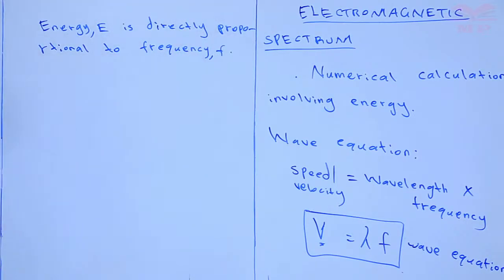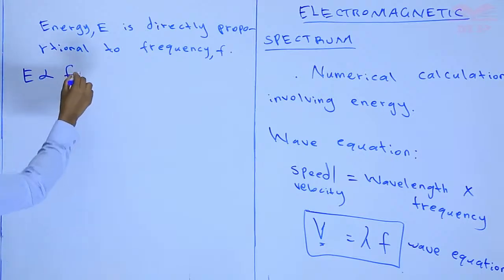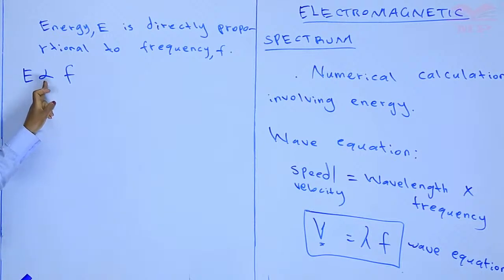And therefore we can write it mathematically, whereby energy is directly proportional to frequency. That is what we have. E is directly proportional to F. So from the knowledge in mathematics, when we want to remove this sign of proportionality, we put an equal to sign and we introduce a constant.